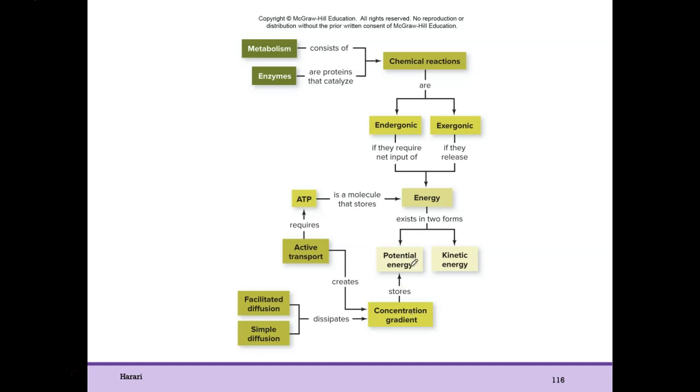Concentration gradients store potential energy, like we said. We said that active transport requires ATP, which is a molecule that stores energy, and active transport can create a concentration gradient, whereas facilitated diffusion and simple diffusion dissipate concentration gradients. So that is all for chapter 4, and I'll see you next time for chapter 5.